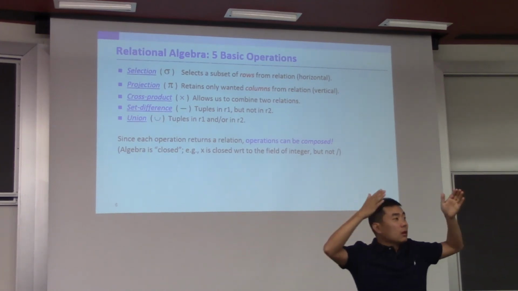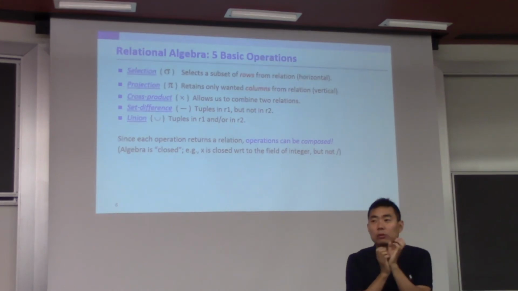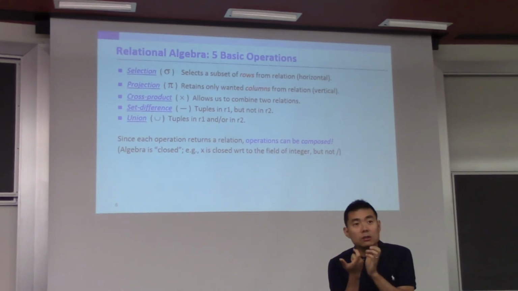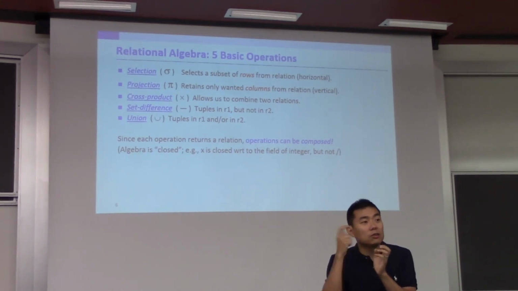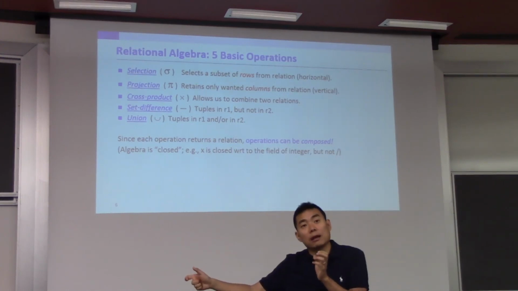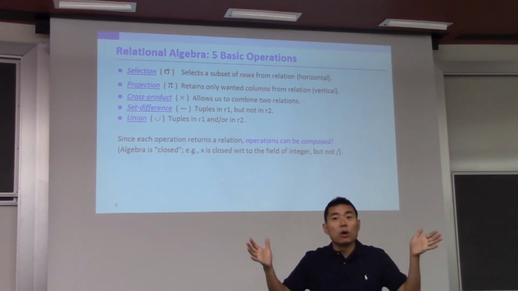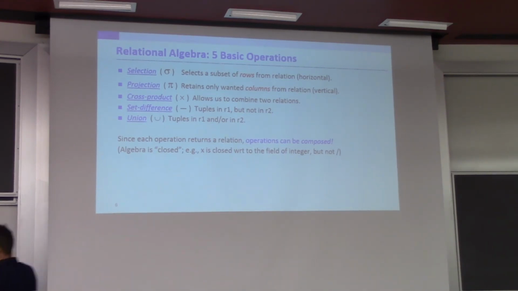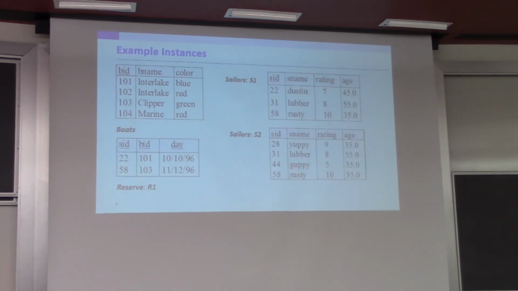Why? Because the output from a relational operator is a relational instance with a relational schema. This can immediately be used as input to the next operator in the pipeline. Right? So you can compose them in this sense.